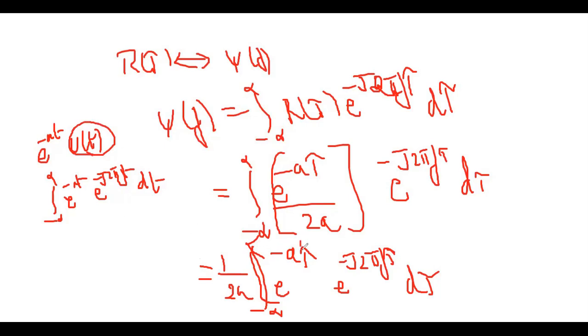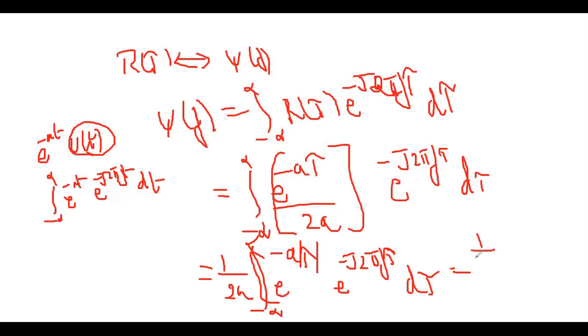So consider both the relations from minus infinity to infinity. For the first value it is a plus, and for the second value you will get a minus. So e power minus a tau, take tau as a positive value.